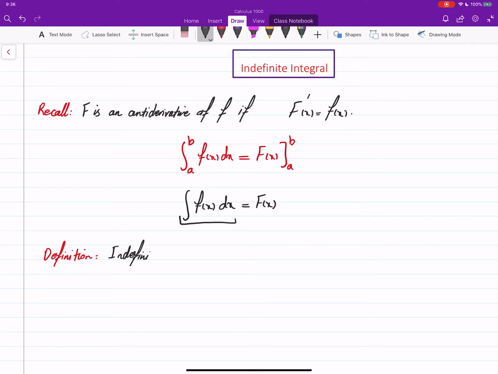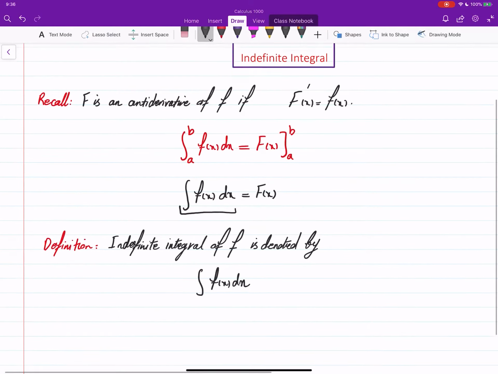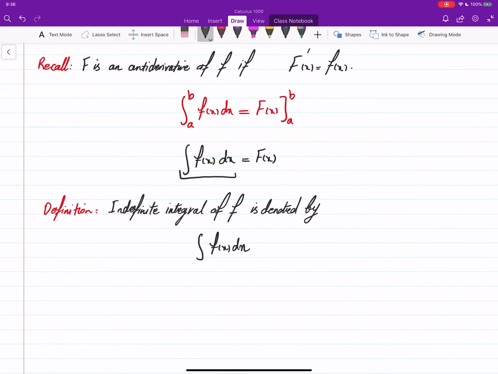The indefinite integral of f is denoted by the integral of f of x dx, without any numbers in the limits, and it is a notation for the antiderivative of f.